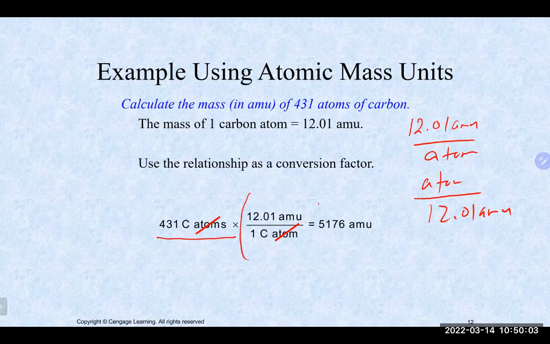We get this from the periodic table and use it as a conversion factor here. The atoms will cancel out and we end up with 5176 AMU in this particular case. Any questions on that calculation there?